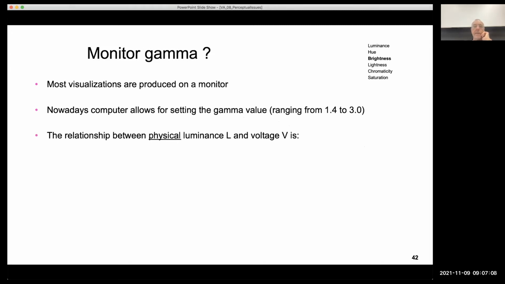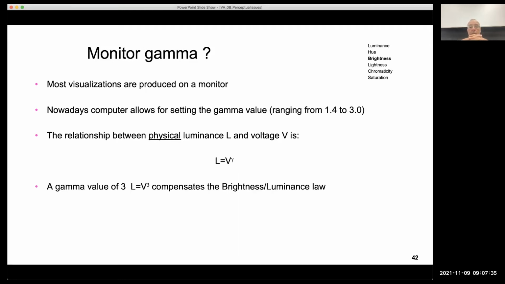The reason is that the relationship between the physical luminance and the voltage is this one: the luminance is set to the volts, raised to gamma, amplified in some way.